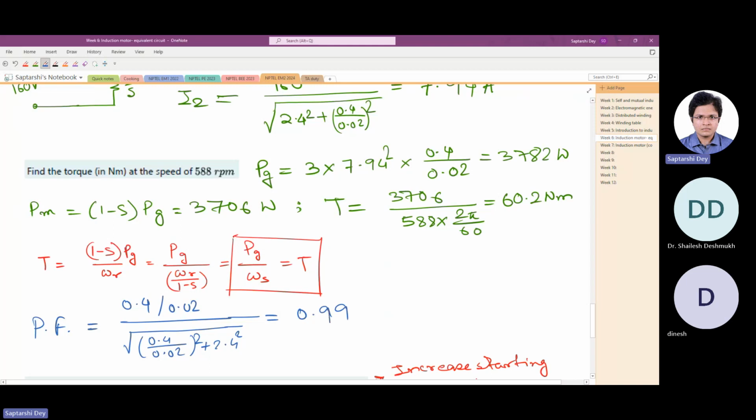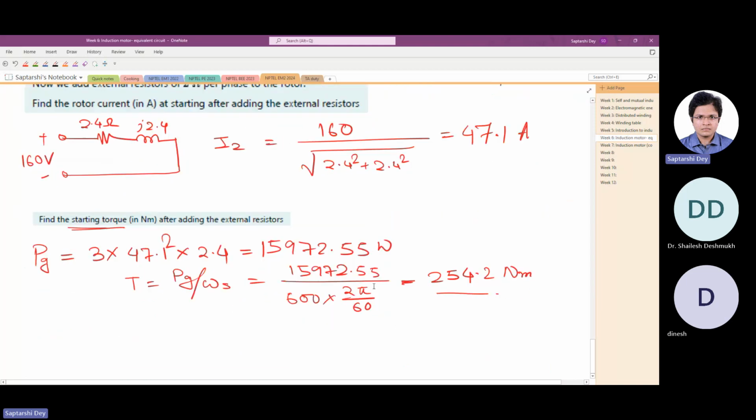a good power factor. Now think about the starting power factor with this rotor resistance, just to have a comparative idea.